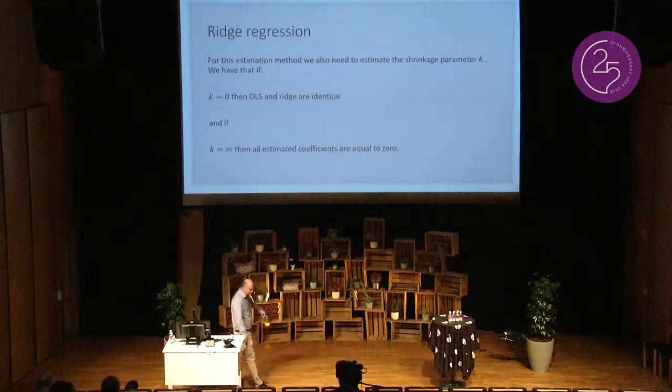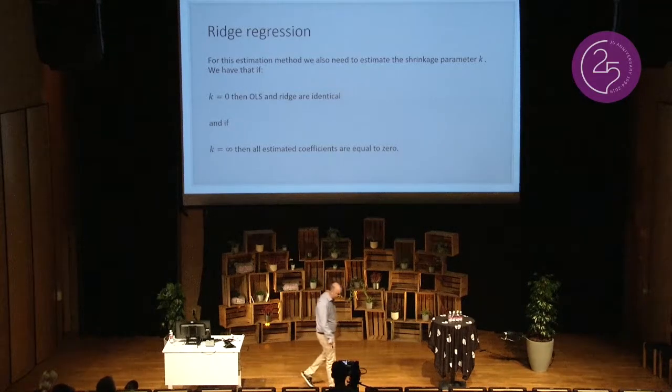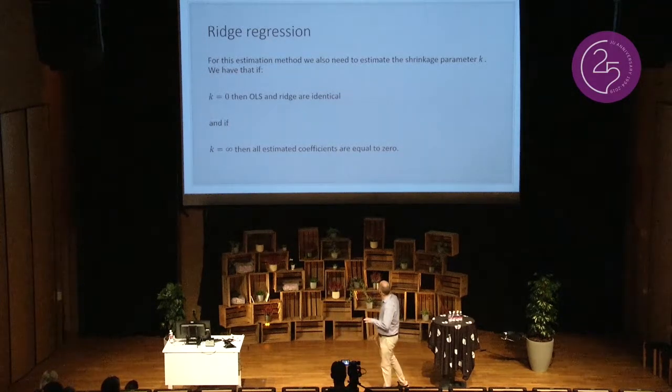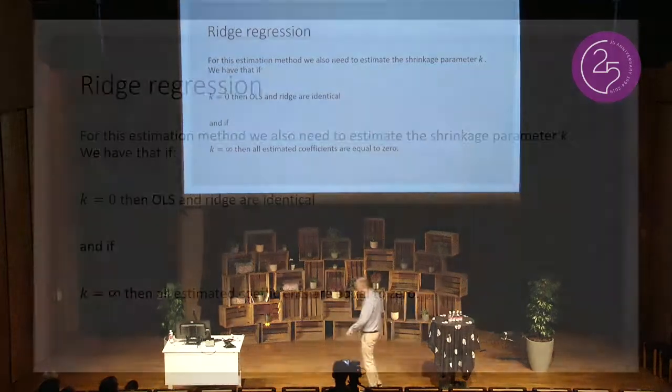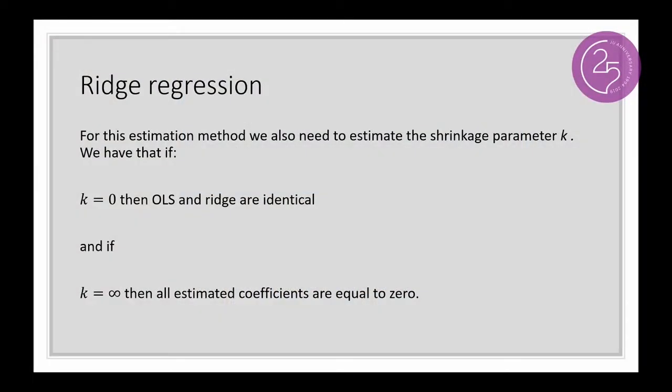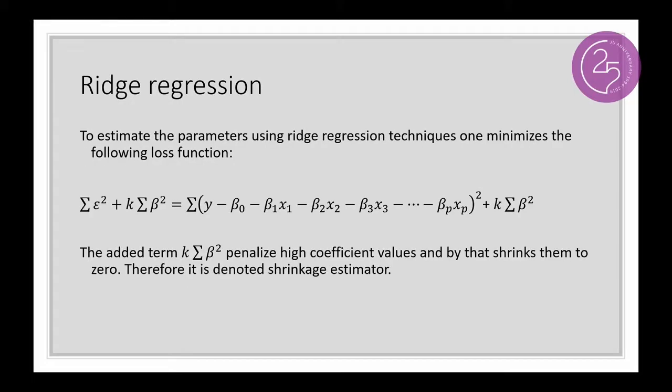And of course, we have introduced a new complexity here, a new parameter we need to estimate, and that is a shrinkage parameter, which is denoted k. If we look at the loss function here, if k is equal to 0, we only have this part, so then we're back to OLS, the unbiased estimator.